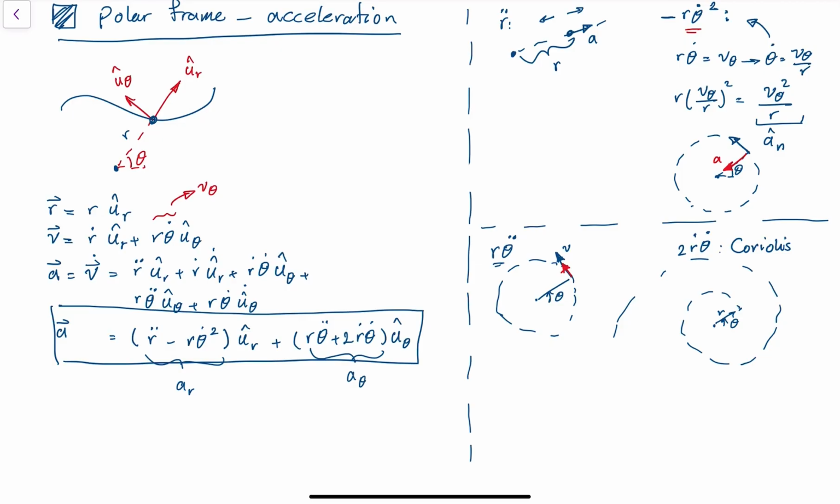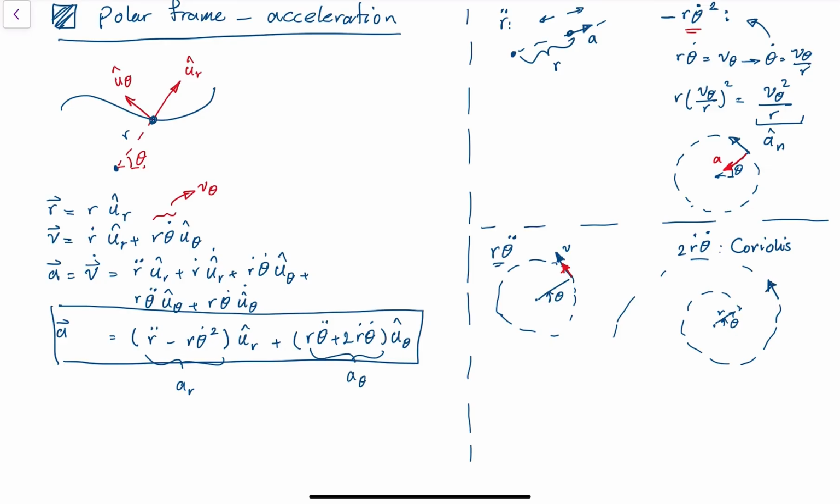And in that case, as you move further and further away, you're still traversing the 360 degrees in the same amount of time because your angular speed is constant. And as you move away, it means you are covering longer and longer distances.